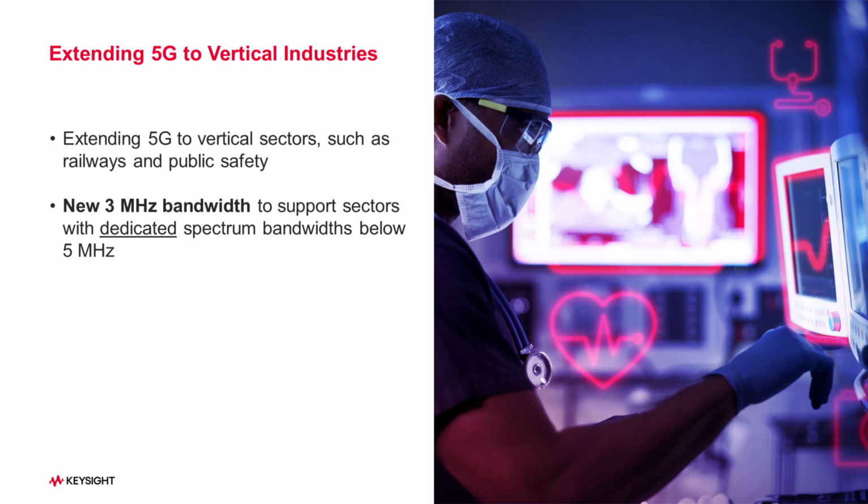Another key enhancement in 5G Advanced is extending 5G to vertical industries such as railways and public safety. Prior to Release 18, the smallest carrier bandwidth for 5G NR was 5 MHz, with some sectors having a dedicated spectrum of less than 5 MHz. 5G Advanced reduces the smallest bandwidth to 3 MHz.